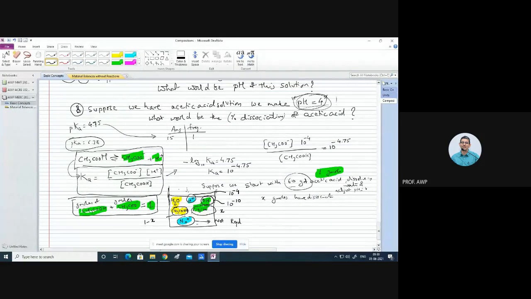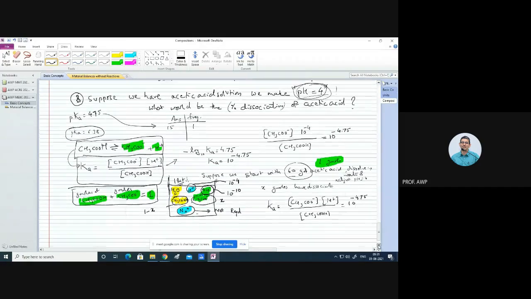But now if the volume of this solution is 1 liter, I can write this equilibrium. Ka would be the acetate ion concentration times the H plus ion concentration, divided by the undissociated acetic acid concentration. This must be equal to 10 raised to minus 4.75.